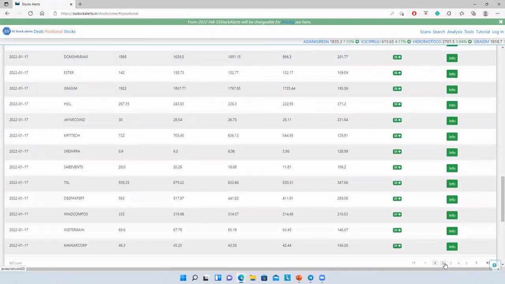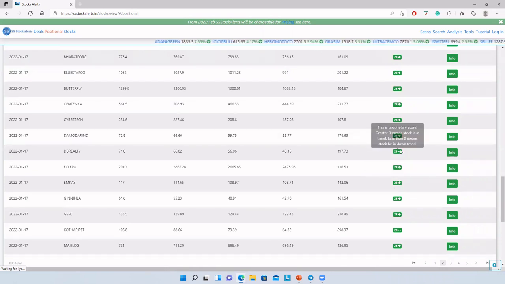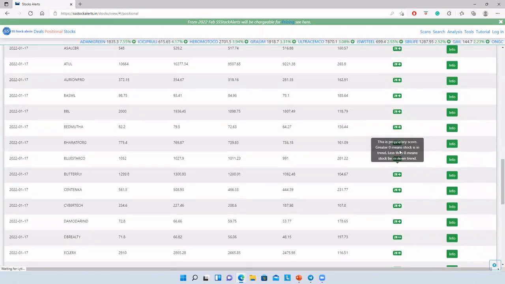What it indicates is the score is reduced. Here, the previous day's score was higher and today the score is lesser. So this down arrow indicates the score is reduced and the momentum is reduced. And this horizontal arrow means the score is the same, with no increase or decrease in the score.